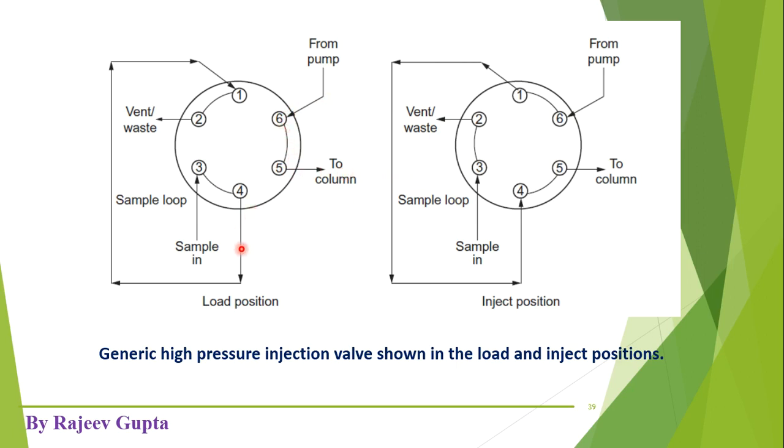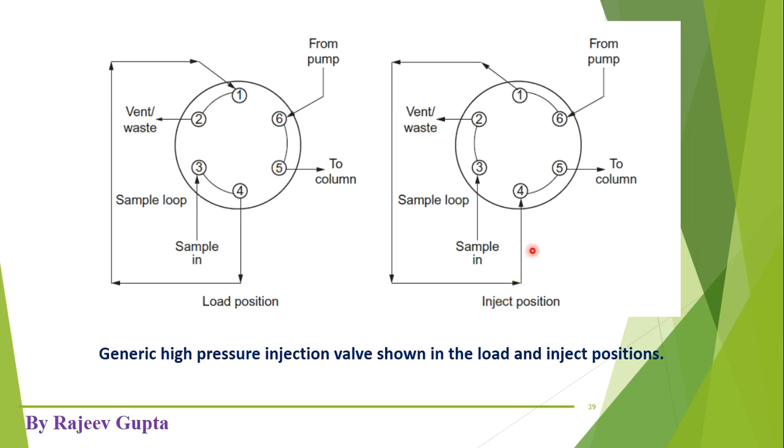So after that, when our loop is filled completely and it is ready for further process, now we switch our valve or rotate our valve. Then what happens, that 1 and 6 number points combine, 5 and 4 combine, and 3 and 2 combine, and the connection between 1 and 2, 3 and 4 and 6 and 5 is lost.